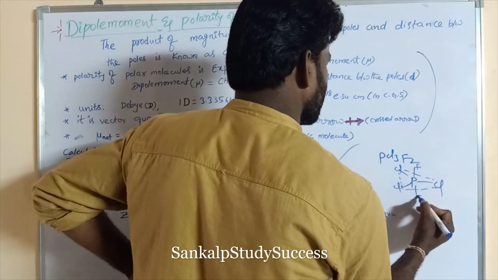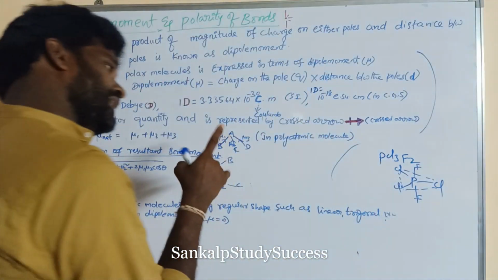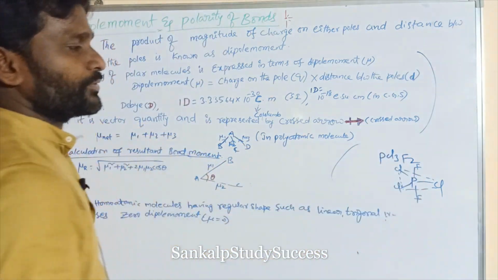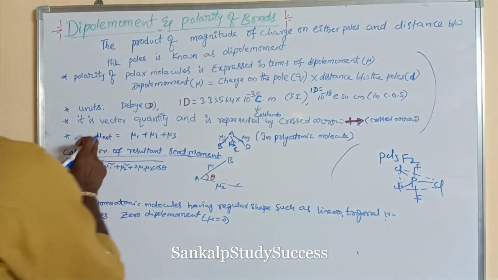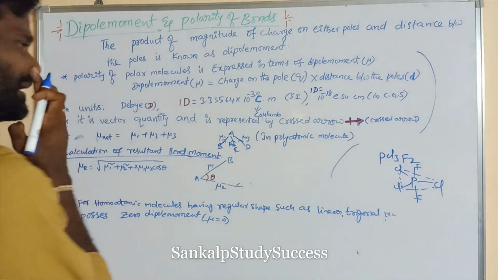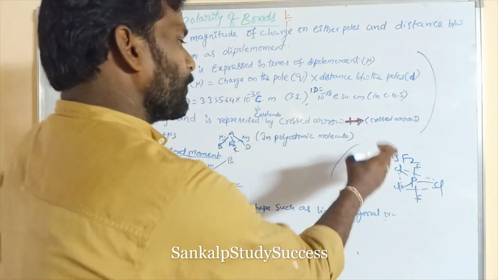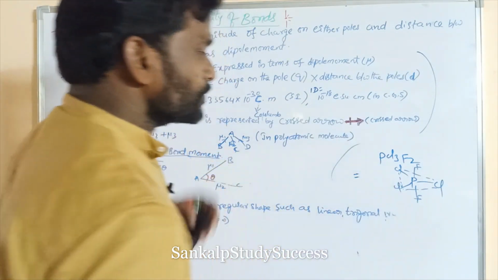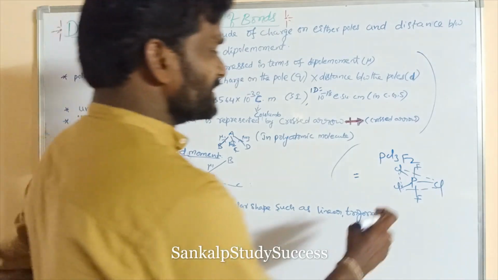Now the total dipole moment of this molecule, we can say the net dipole moment of a polyatomic molecule, is a vector quantity.